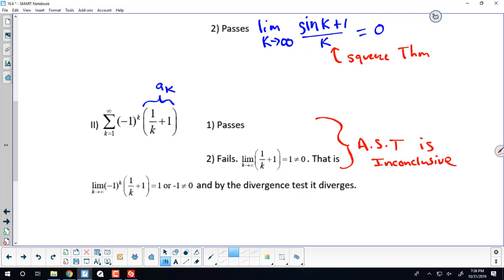However, if we look at the divergence test, where we look at the limit at infinity on the entire series with the alternation part and everything, it's going to be 1 or negative 1, which is clearly either way not 0. So by the divergence test, it diverges. So even though the alternating series test is inconclusive, we have other tests we could use.